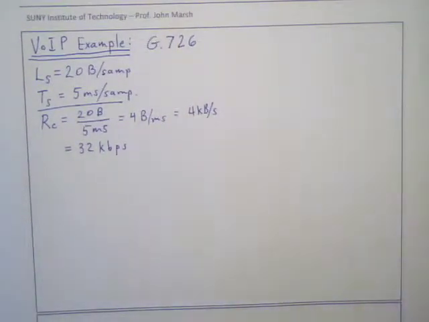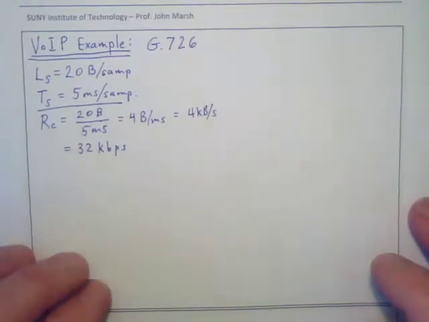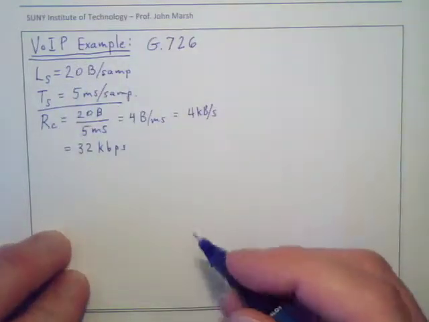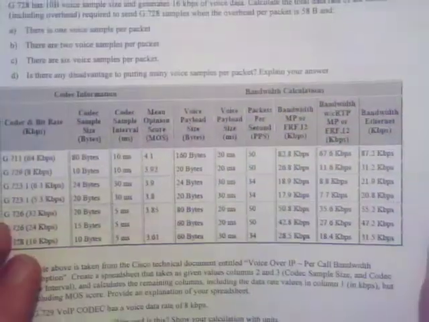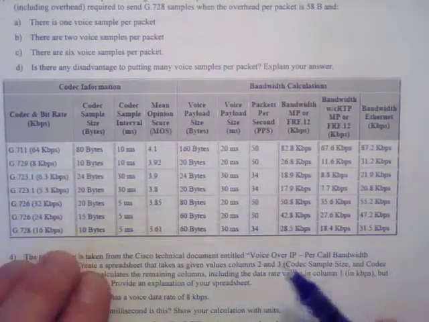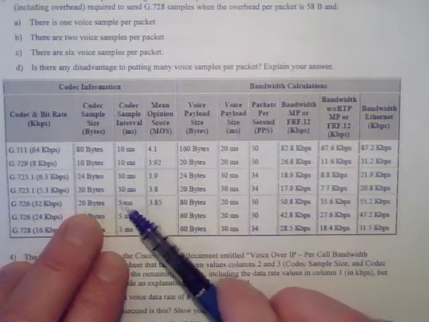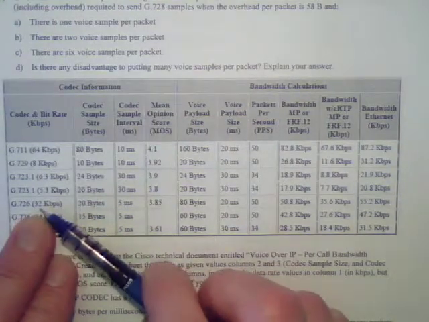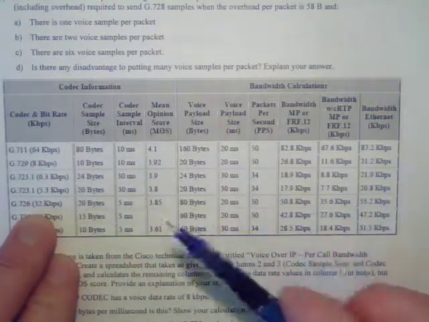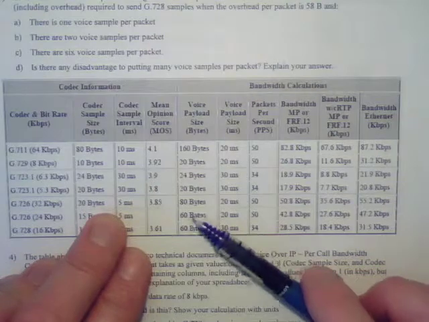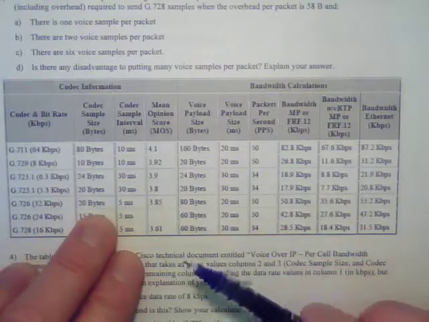Okay, so those numbers are just the codec. Now we have to put these samples into packets, and we have to decide how many samples per packet we're going to work with. You can see on the 20 byte 5 millisecond we've got 32 kilobits per second, which I calculated by dividing these two numbers. Now we look at how many samples there are in a packet.